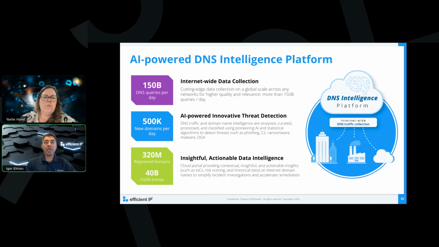We leverage AI algorithms and our own statistical algorithms to detect any potential threats, identify phishing attempts, identify malware, and identify any misuse of the DNS protocol. All this actionable data will then be human processed and presented in a meaningful report, as we were talking.